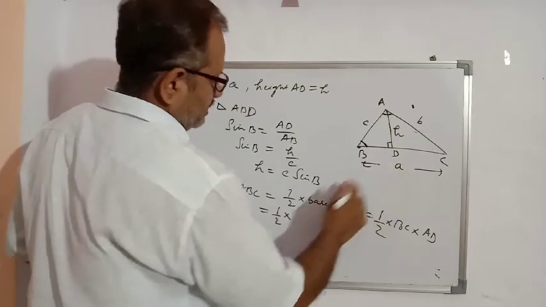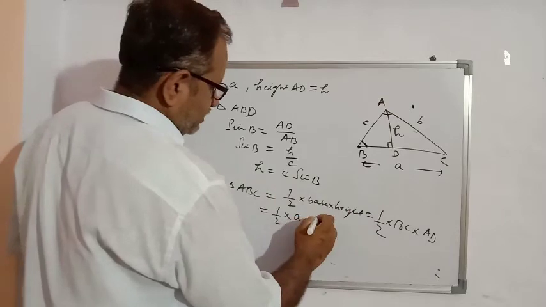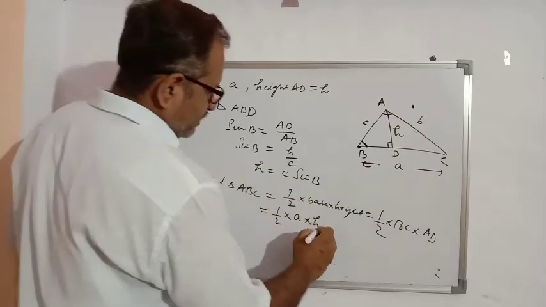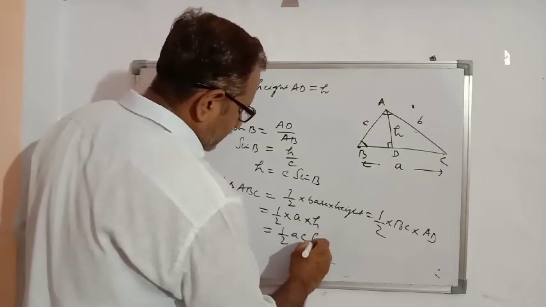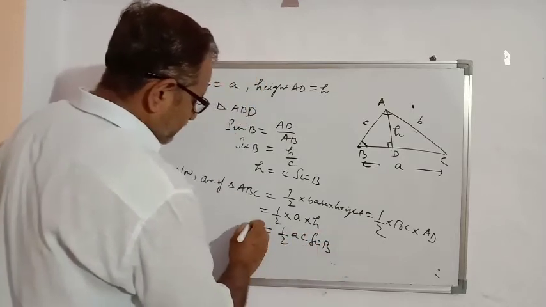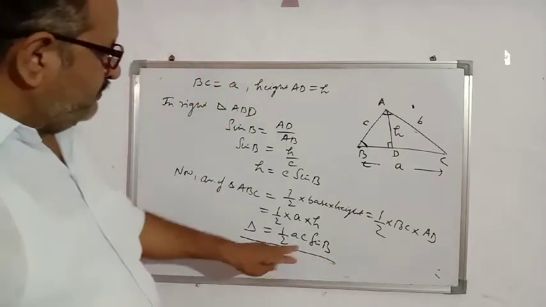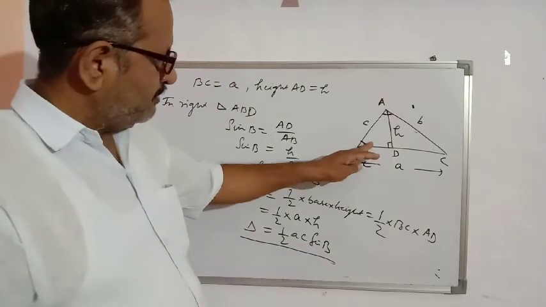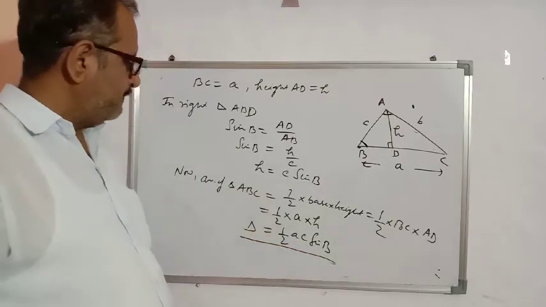BC is small a. And AD means H, and H is c sine B. So 1 by 2 a c sine B. This is the area of the triangle. So if a, c are known and angle B is known, we can use this formula to find the area of triangle ABC.